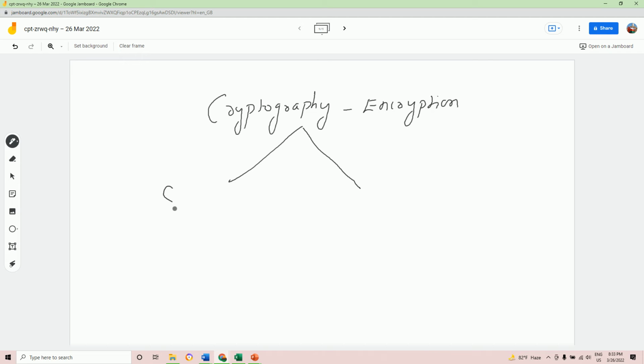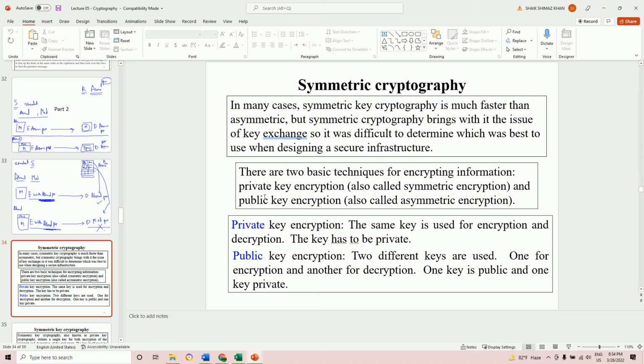One is symmetric and another one is asymmetric. So the cryptography algorithms are classified into two types: symmetric and asymmetric.